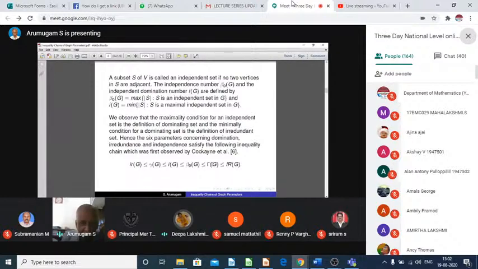So if a dominating set is minimal, then every vertex in the dominating set has a private neighbor. Is that clear?